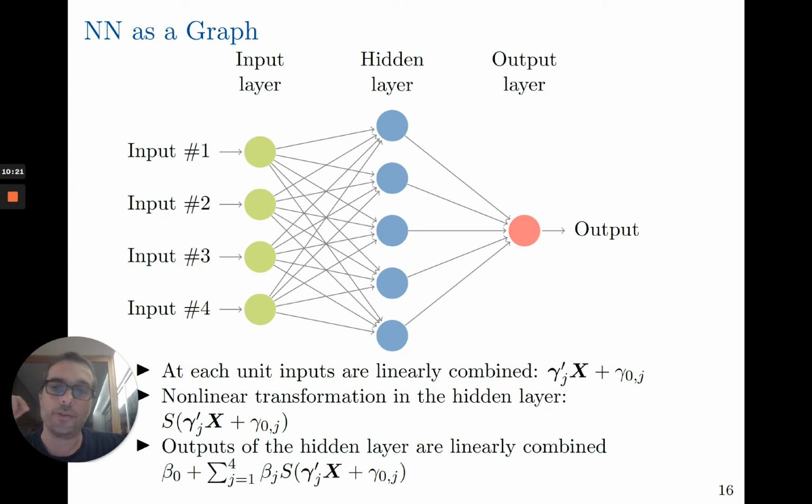And then what you're going to do is linearly combine these outputs. So basically the neuron is one term in the sieve expansion. Each term of the sieve expansion in the neural network literature is called a neuron. We could have called them a comet, a planet, or whatever, a spaceship.